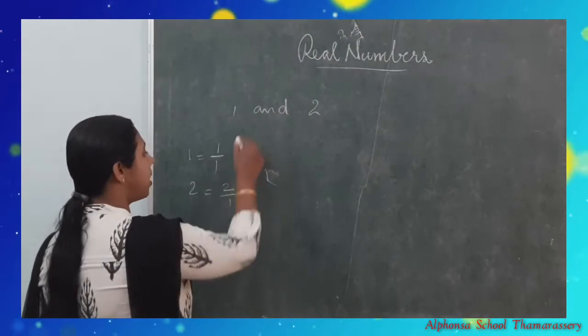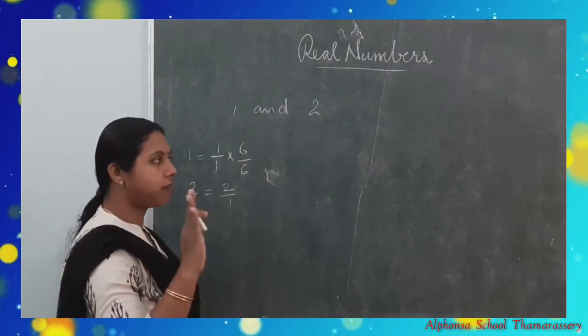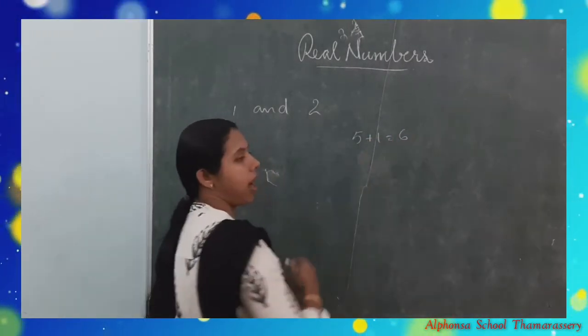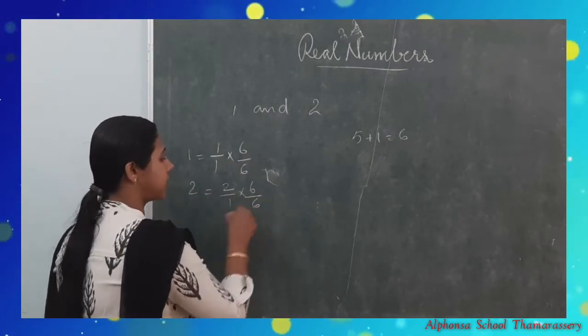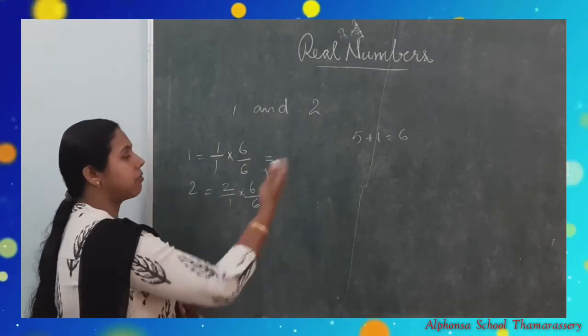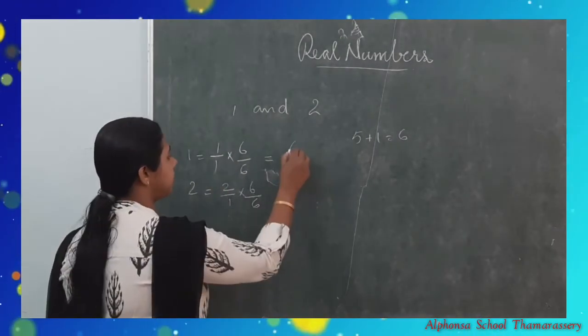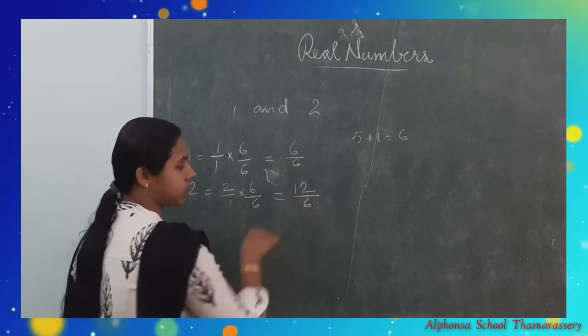So if you multiply with 6, because we need 5 rational numbers, so 5 plus 1, 6 you have to consider. So if you multiply by 6, you will get the equivalent rational numbers, that is 6 by 6, and here it is 12 by 6.